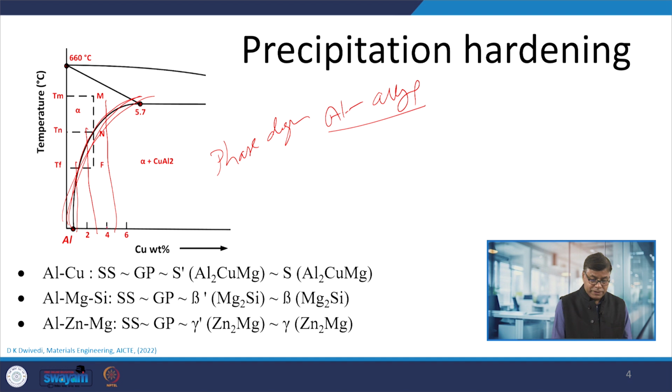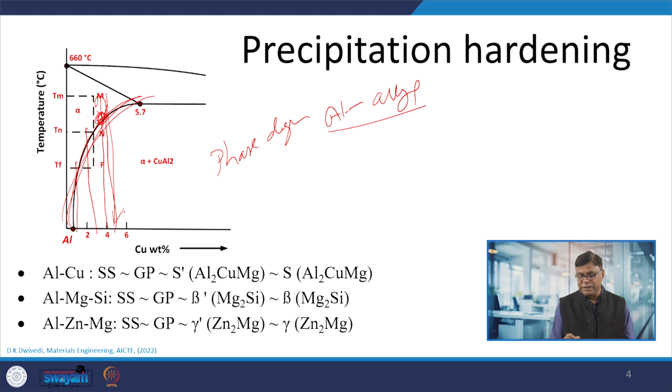For this composition, this is the solvus line, and above it we select, say, 30-40 degrees centigrade higher than that temperature for solutionizing. The higher the temperature, the more rapid the solutionizing and the shorter the time it will take. Then it will be quenched to form the supersaturated solid solution.